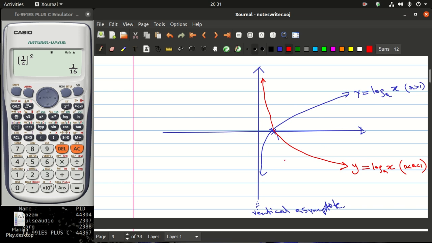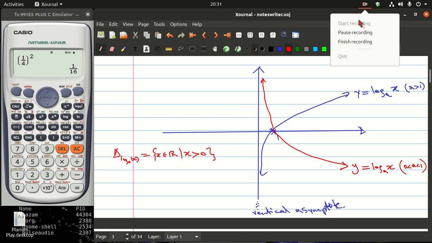But what is the domain of this function, the log a of x? You can see from this curve that we can plug in everything that is positive, but when it comes to the negative side, it is not defined. So x is an element of real numbers such that x is greater than 0. We cannot plug in 0 because at 0 we have a vertical asymptote.